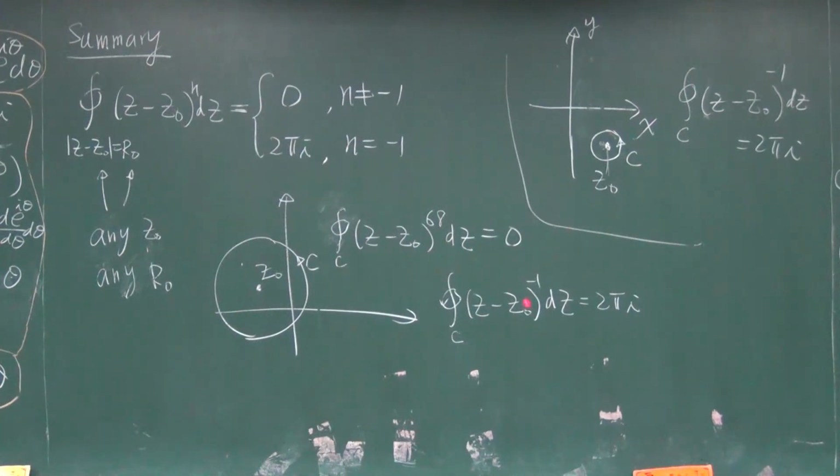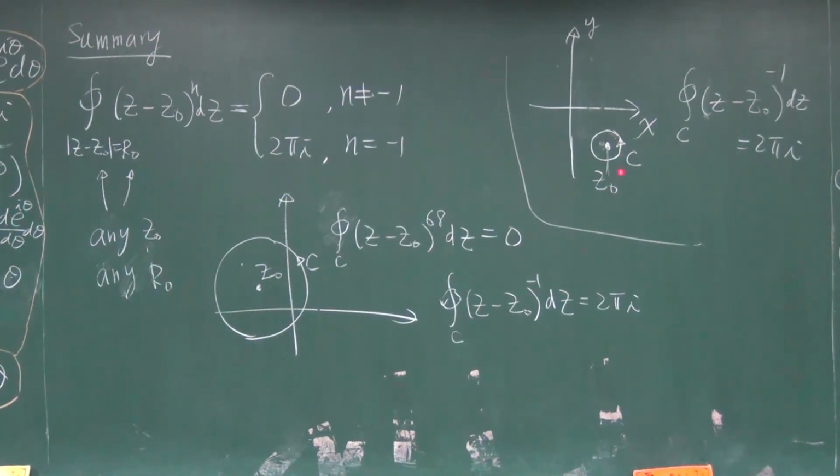Now, if we integrate this term with the power equal to -1, then we know that the result will be equal to 2 pi I. We can apply this formula to another circle too. I just want to emphasize that this formula can apply to any circle with any center and any radius.